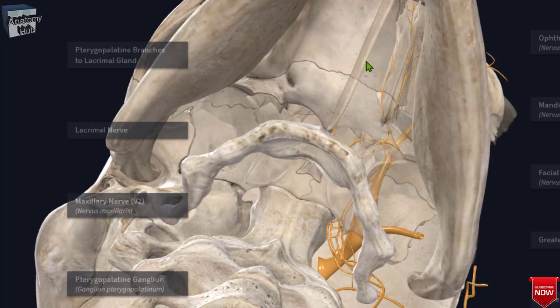Fine. Okay, so here we have seen the relation of the greater palatine nerve and vessels, how they are coming out from the palatine canal towards the oral cavity.